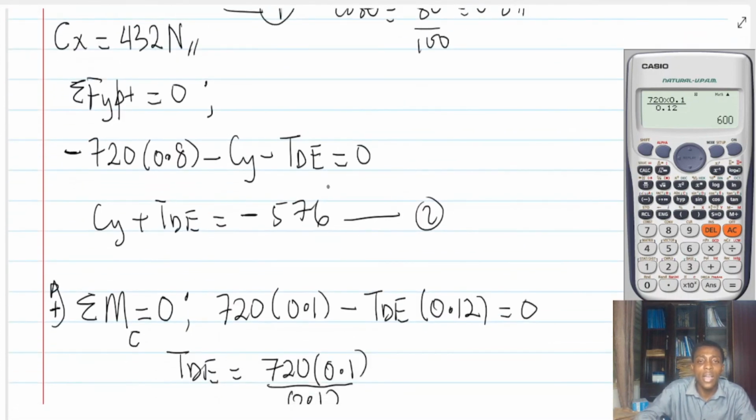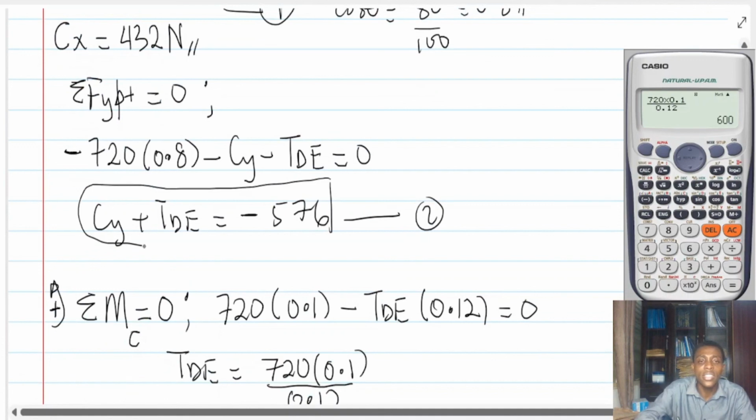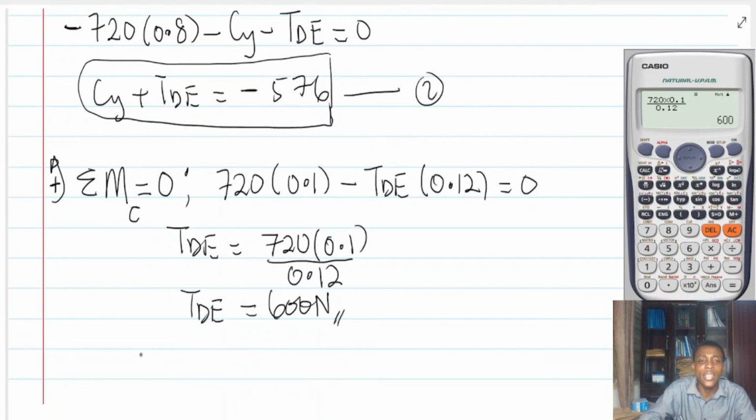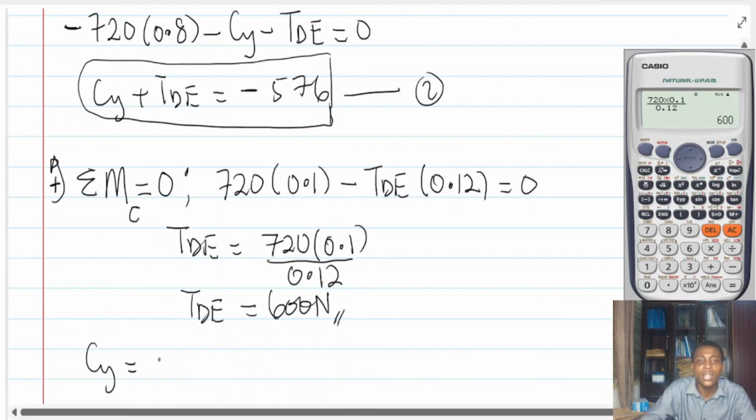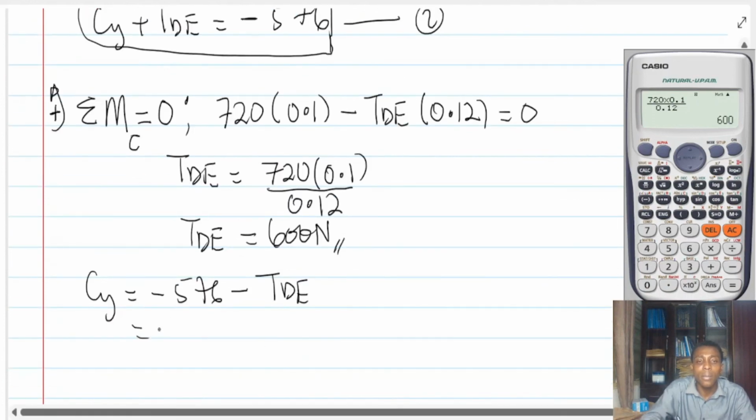How about CY? Okay, so having gotten TDE, we can solve for CY from here. So CY is nothing but minus 576 minus TDE. That is going to be minus 576 minus 600. What are you going to get for this?